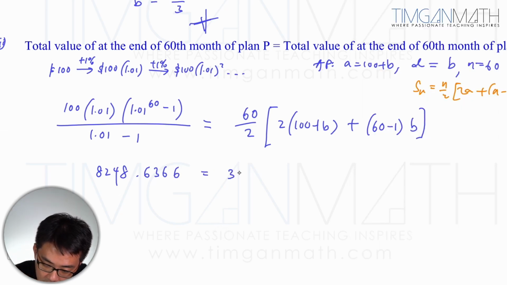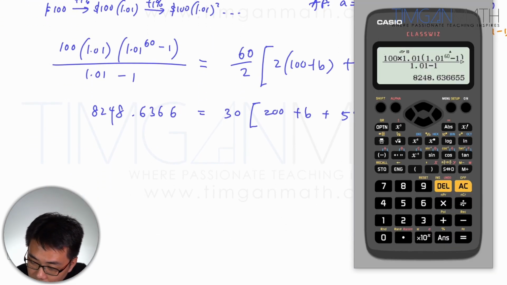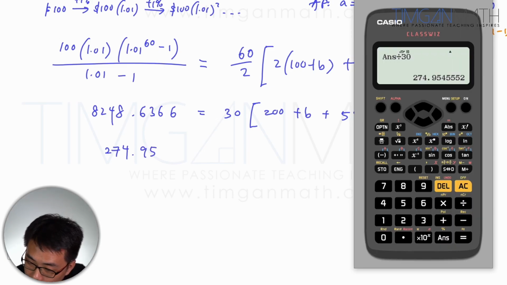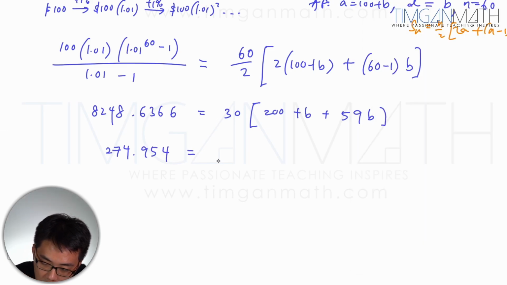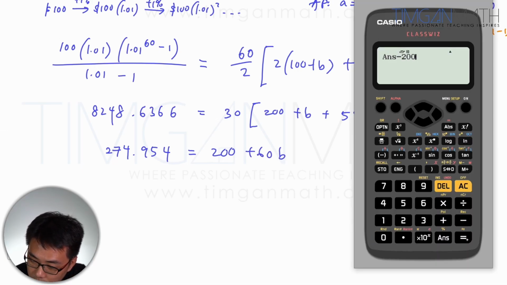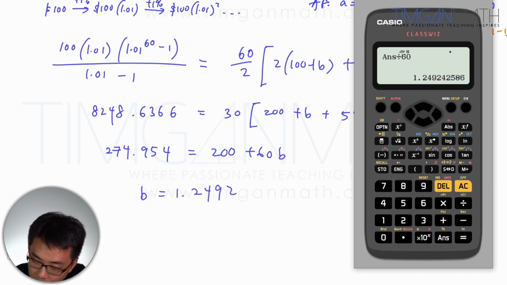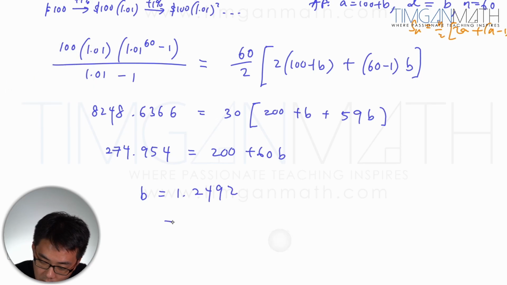So this is 30 times 200 plus B plus 59B. I'm just going to divide by 30 here. That will be 274.95. So 200 plus 60B. So just minus off 200 divided by 60. So B would be 1.2492. So it's 1.25.